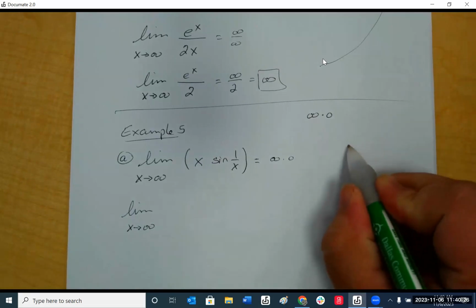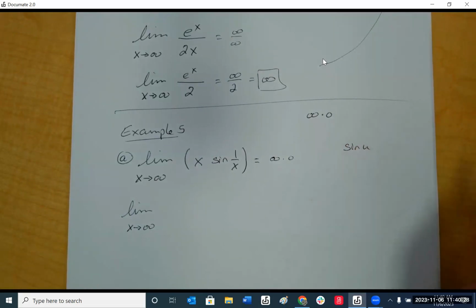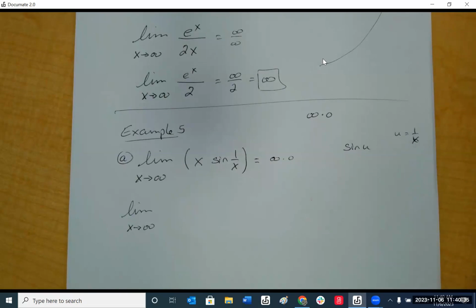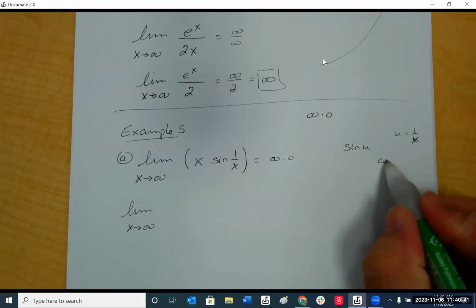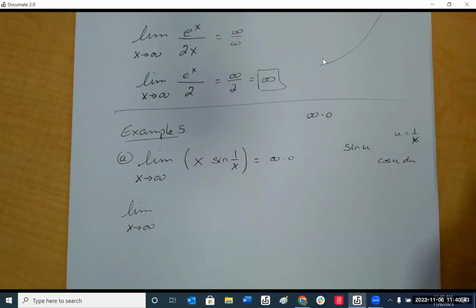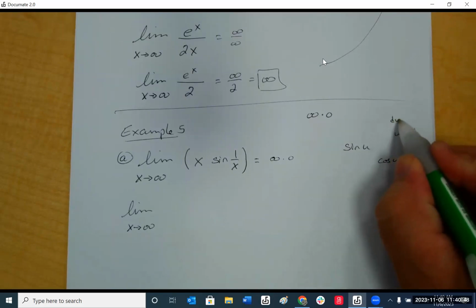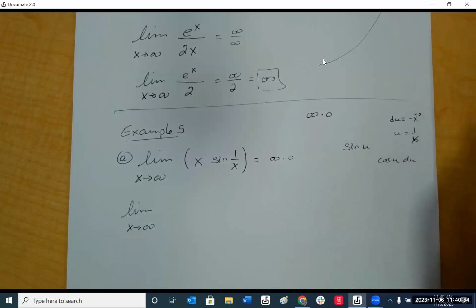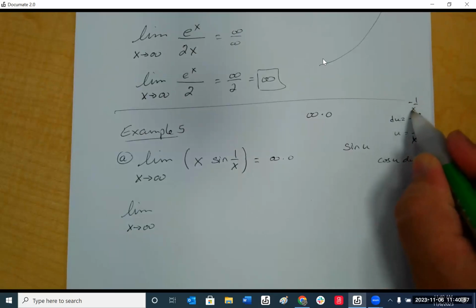The derivative of sine u is cosine u du. And du would be negative 1 over x squared.